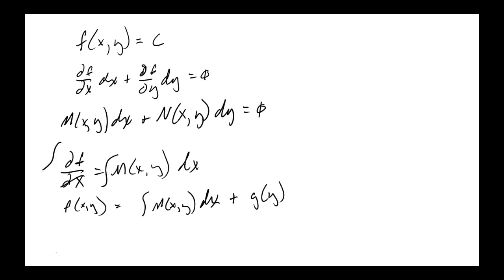Now, let's take the partial of f with respect to y, and that's got to be that thing, right? But we're not going to do it here, we're going to do it here. We're going to take the partial of this thing with respect to y.